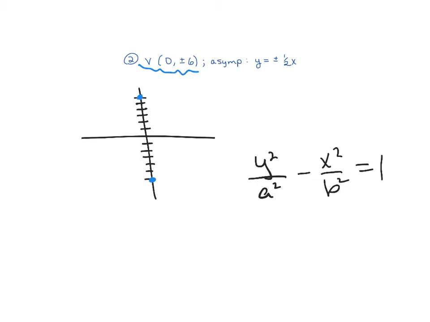And again, I need to find my a squared value and my b squared value. Now, from this graph, I could see that my center again is at the origin because remember, each of the vertices are going to be equidistant. Another clue would be if you have a 0 in your given vertex, then that's going to tell you that it's sitting on one of the axes, and in this case, the 0 is in the x spot.